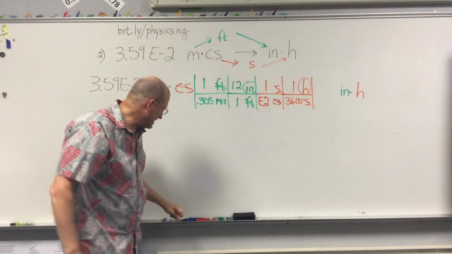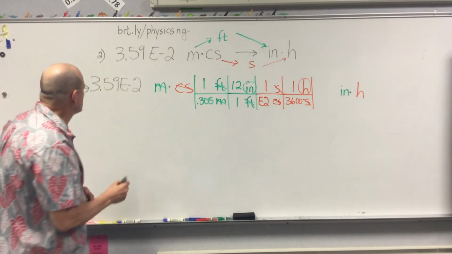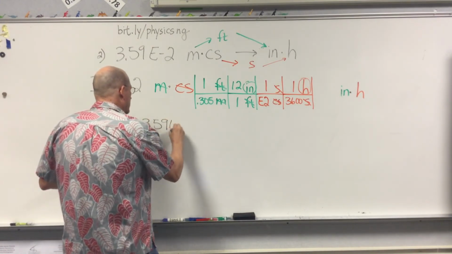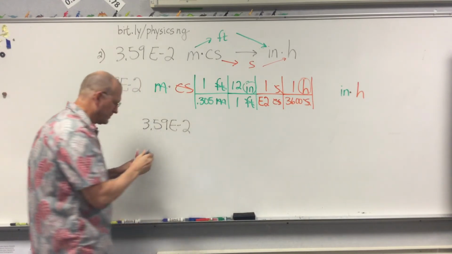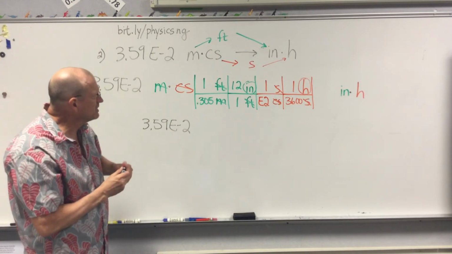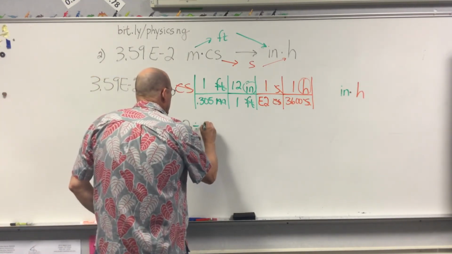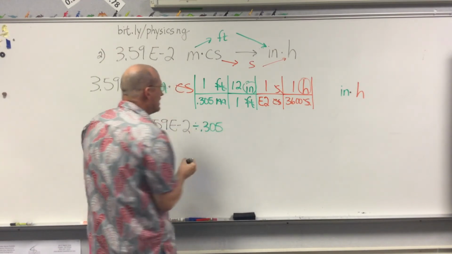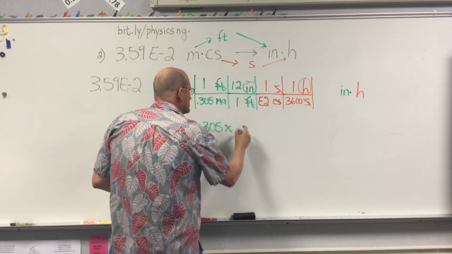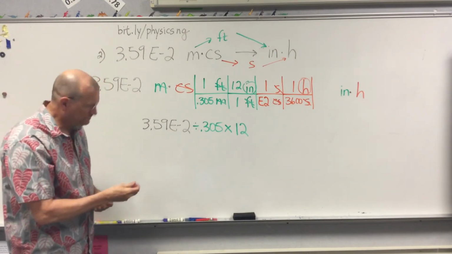So now when I come back and I go, all right, well, how do I calculate the value of my answer? I'm going to start with this number, and then in this very first magic H, because it's 1 over a number, that means I would divide by 0.305. And then the next one over is 12 over 1, which means multiplied by 12.